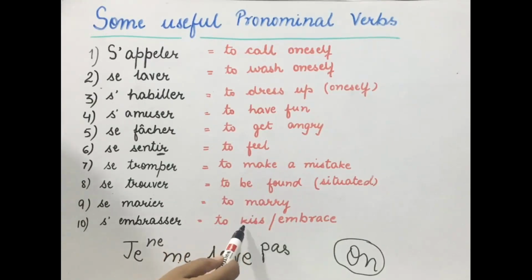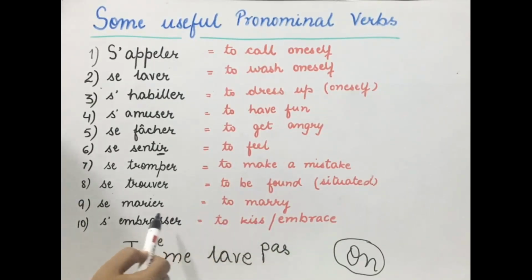S'embrasser is to kiss or to embrace or to hug someone. As in English, the word is embrace. So, quand on se marie, when they marry each other, ils s'embrassent, they embrace each other.